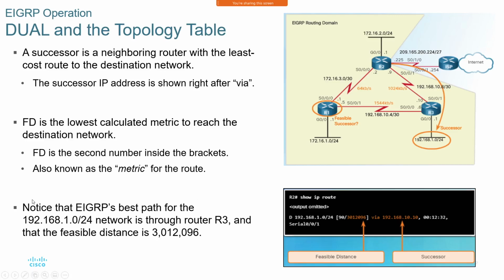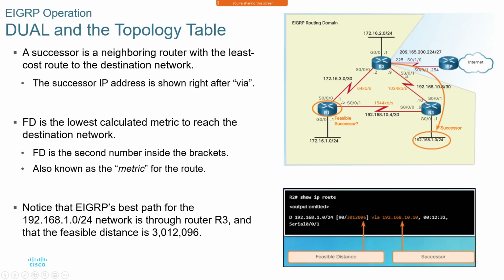Now please notice that the EIGRP best path for the 192.168.10 network, which is the network right here, is through router 3, and that the feasible distance is 3,012,096. Now, if we analyze this, what is happening here? I need to reach this network.